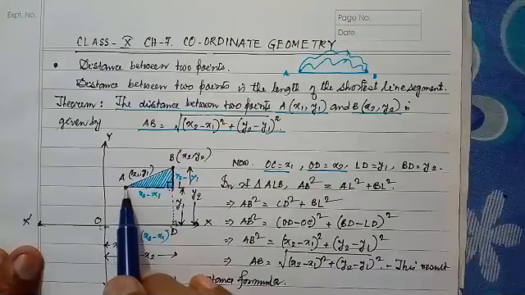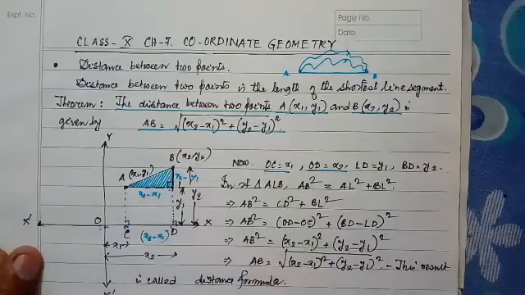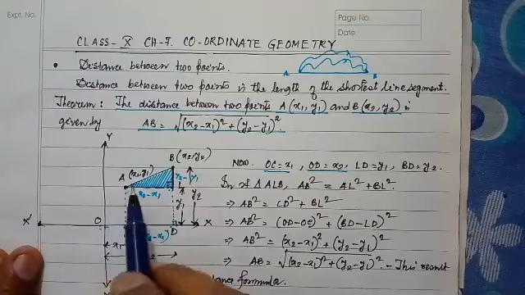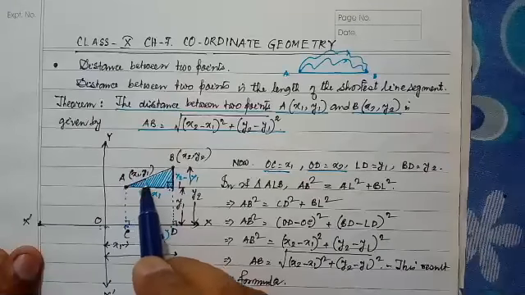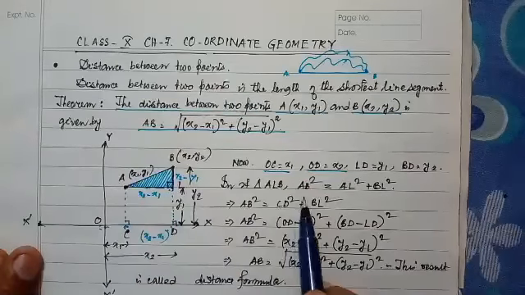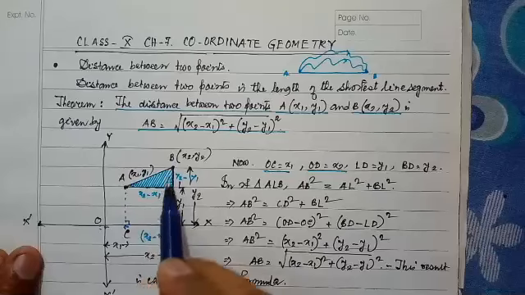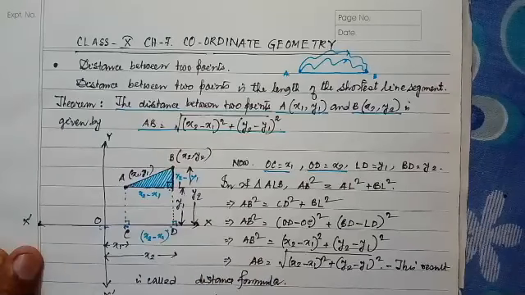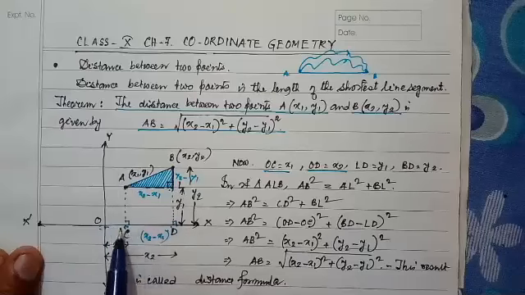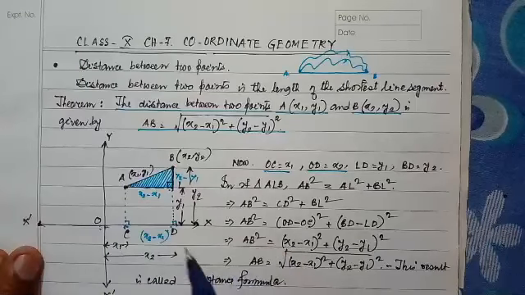Now what we get? ABL is a right angled triangle, and in right angled triangle hypotenuse square, that is AB square, is equal to AL square plus BL square. That is AB square is equal to, now AL means CD, so CD square plus BL square.